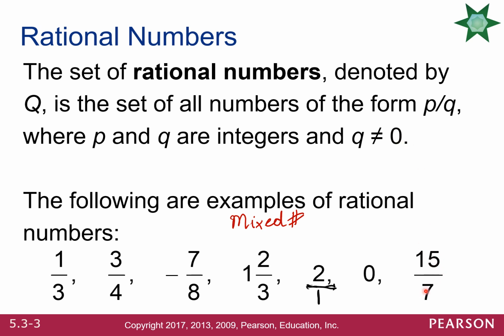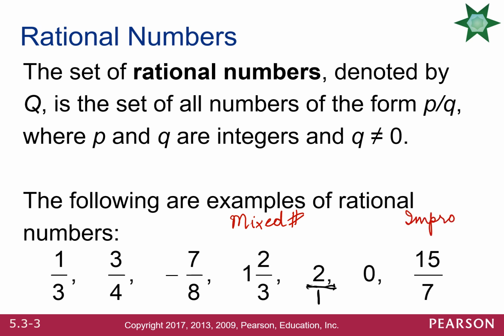And then 15/7. In all these examples, we have the numerators less than the denominator, except for these numbers where the denominator is a 1. However, when we have a visible denominator and we see that the numerator is larger than the denominator, it's called an improper fraction.